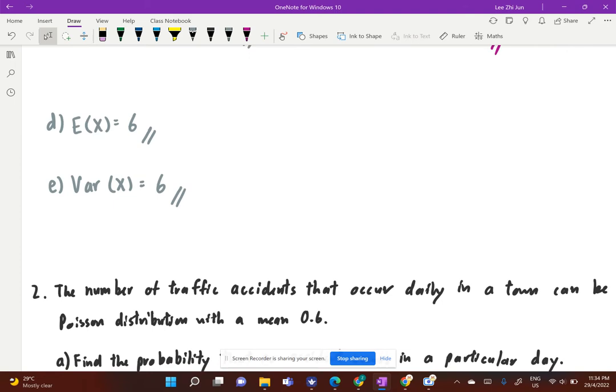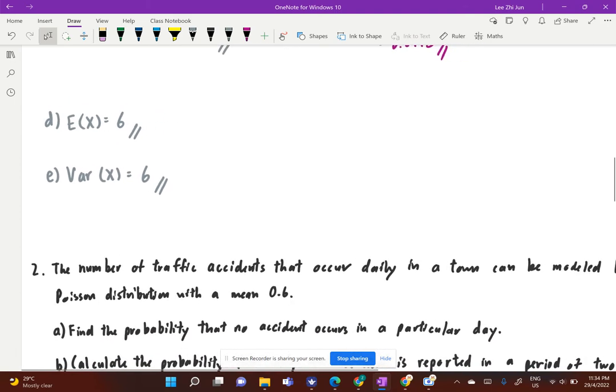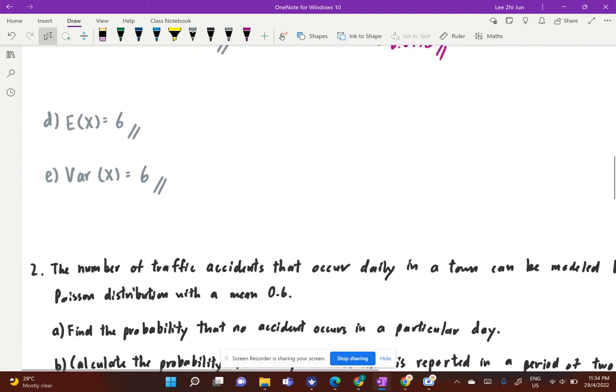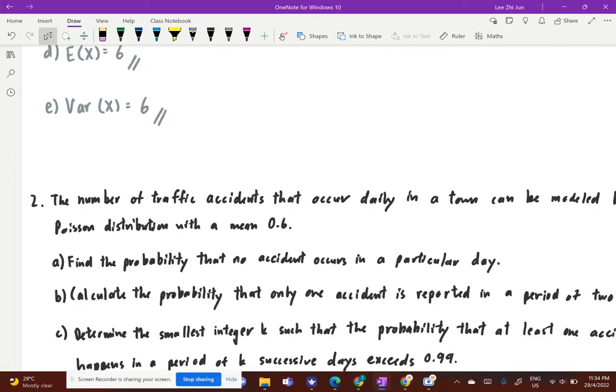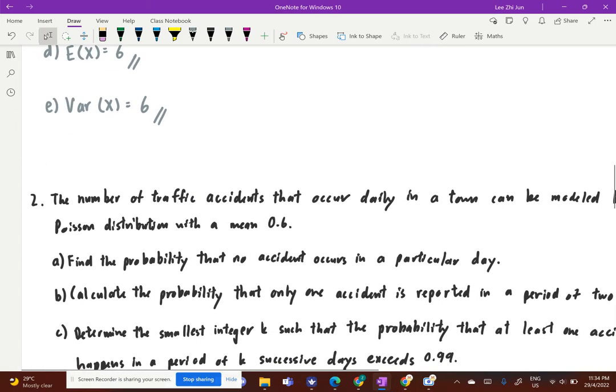The number of traffic accidents that occur daily in a town can be modeled by a Poisson distribution with a mean of 0.6. A: find the probability that no accident occurs in a particular day. B: find the probability that only one accident is reported in the period of 2 days.